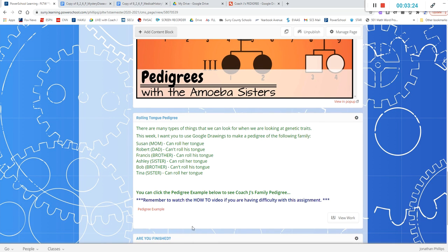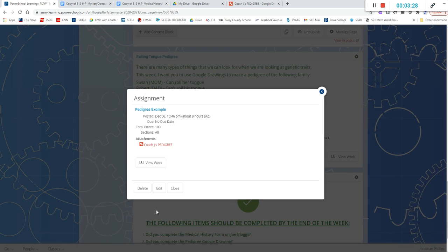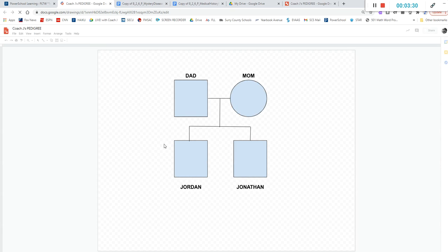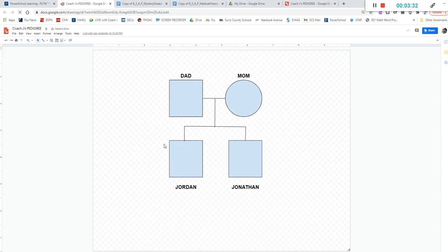All right, so what I've done for you is I've given you an example of a pedigree, and this is my family. So a square represents a male or a man, okay, and a circle represents a female or a woman. So here you have my dad, who is male.